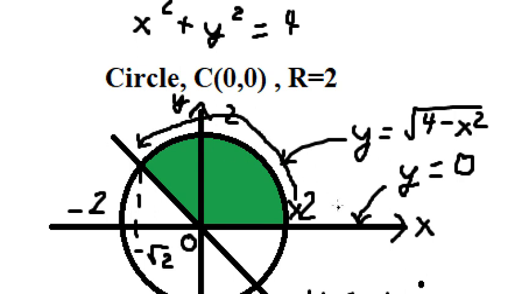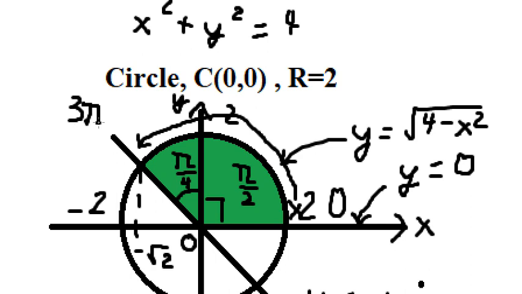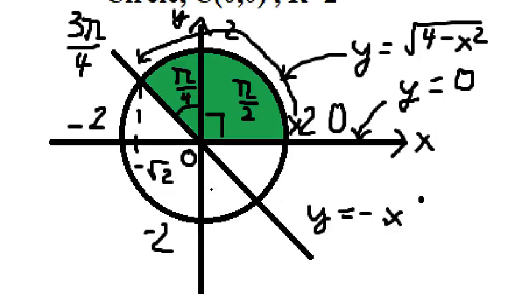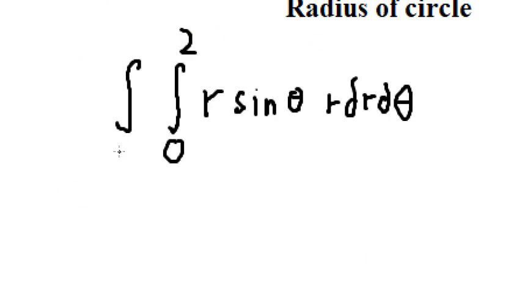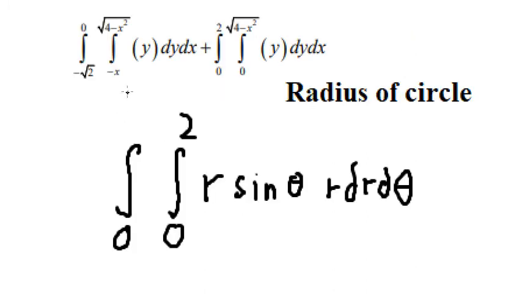So this one that should be about 0. This location here, we know that this one is about pi over 4. This one that is about pi over 2. So we sum two numbers together. We have 3 pi over 4. So the integration in here from 0 to 3 pi over 4.